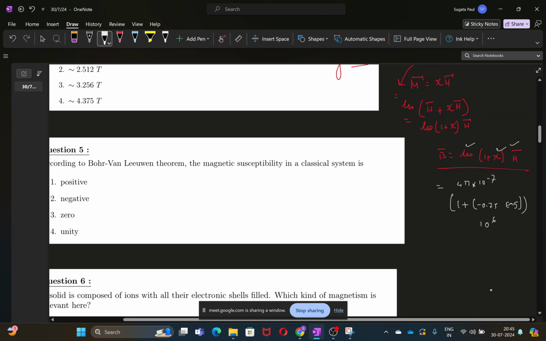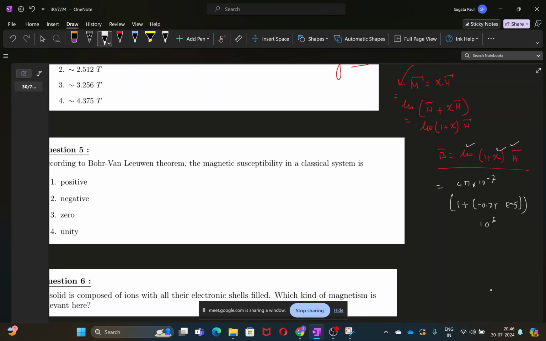Now let us calculate what the value comes out as. So 1 plus chi is basically 1 minus 0.75 into 10 to the power minus 5, because chi is negative. Just use your calculator.